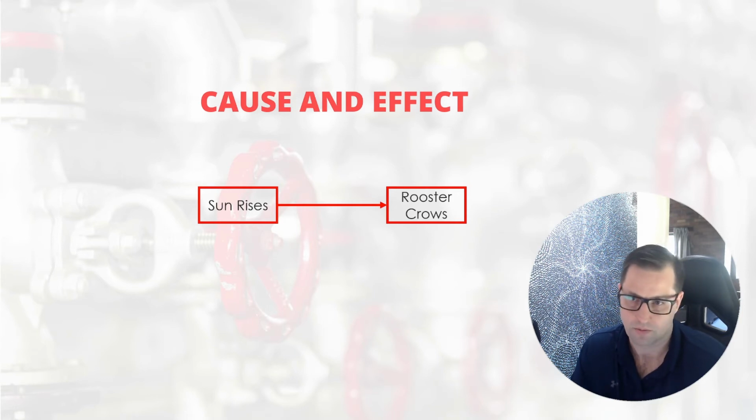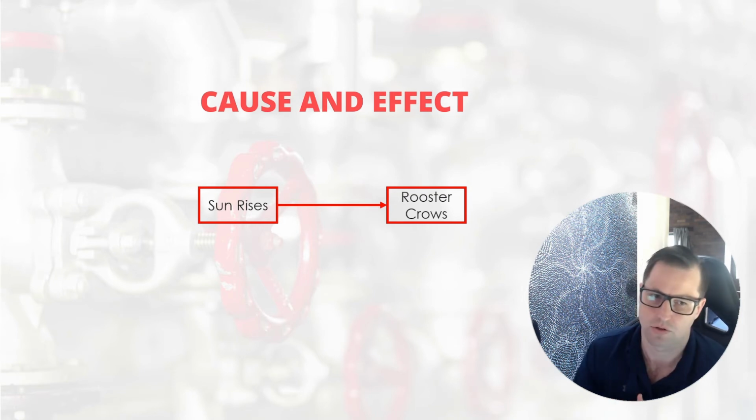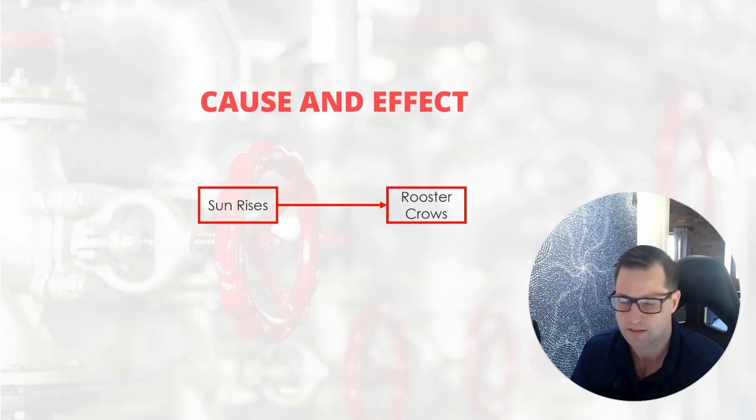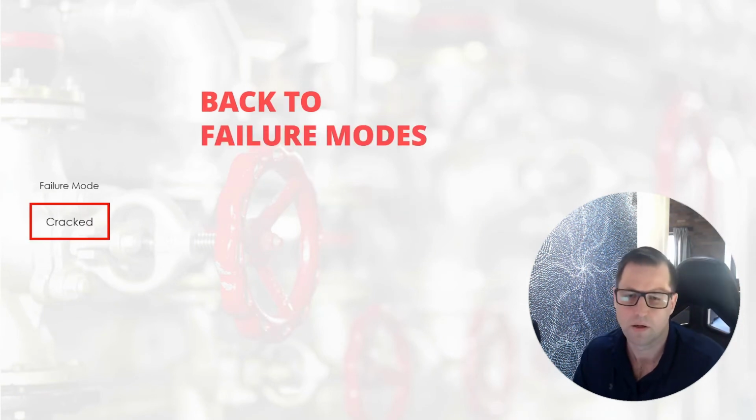So we can say, using this kind of diagram here, the sun rising causes the rooster to crow. And this is similar to how you'd map out a causal diagram in, let's say, some root cause analysis example by mapping causes and effects. And it's pretty intuitive. This is how our brains are wired to think. We can map failure modes the same way. All right, so let's start with a single failure mode.